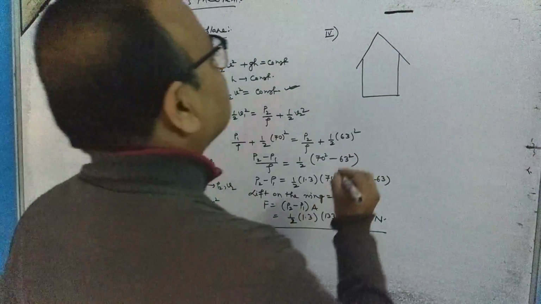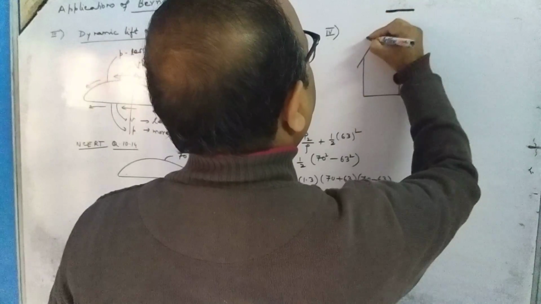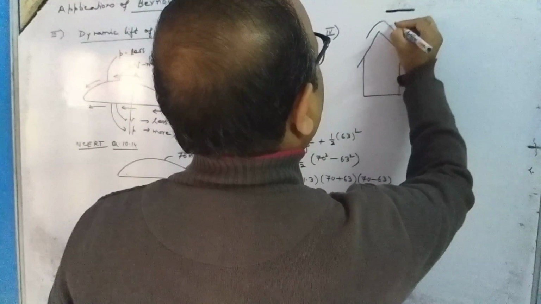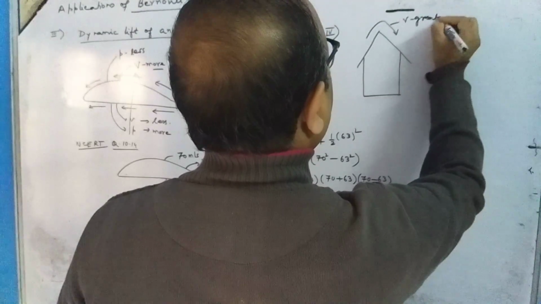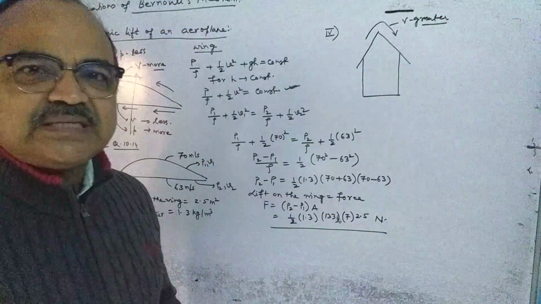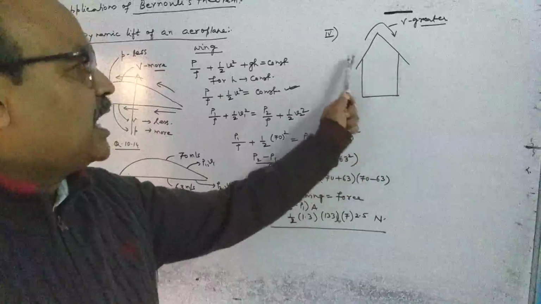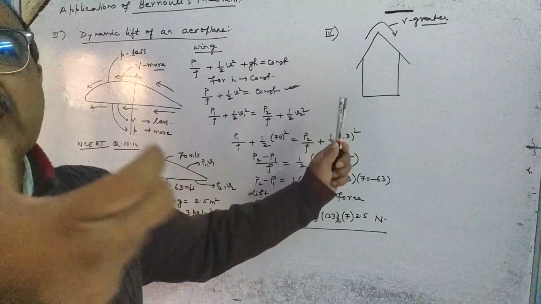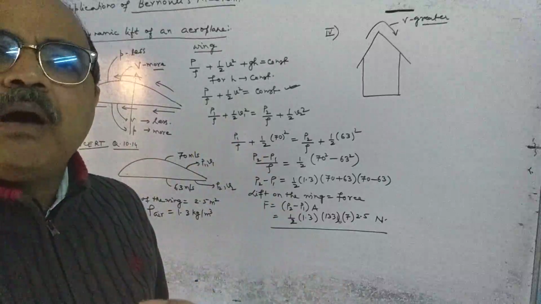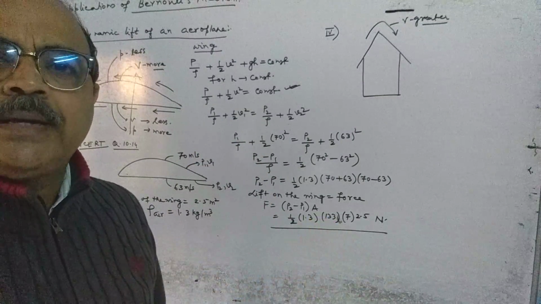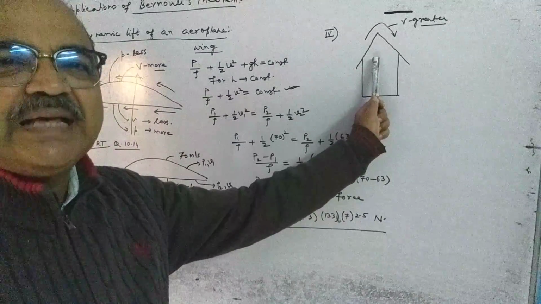What happens? Suppose in a stormy weather, here the air has the velocity of the air greater. Obviously, inside the hut, suppose it's a hut, the air is calm and quiet, so V is less.